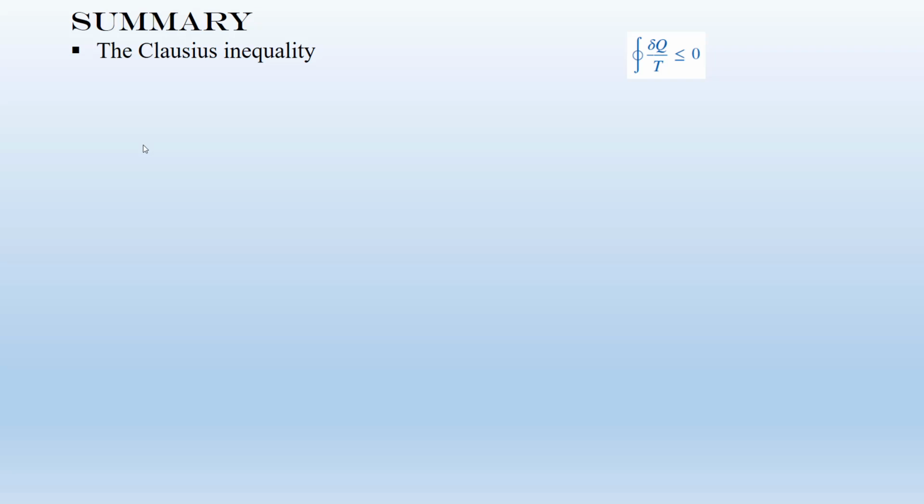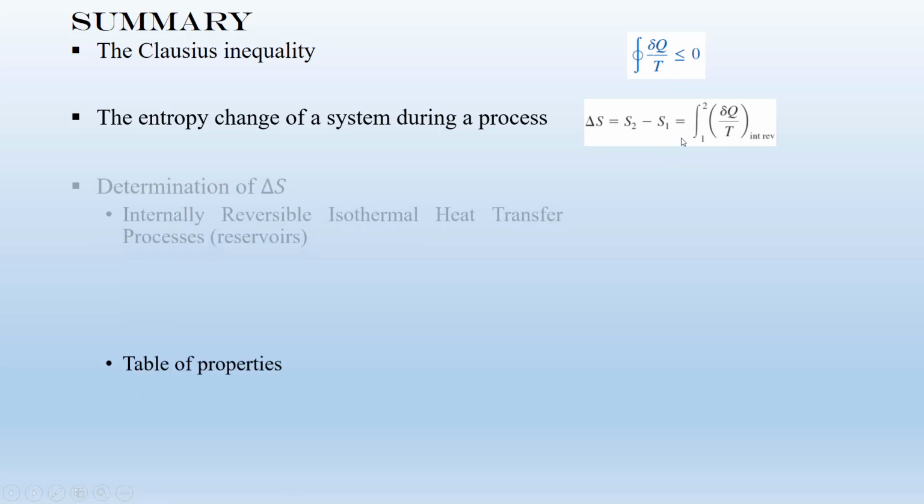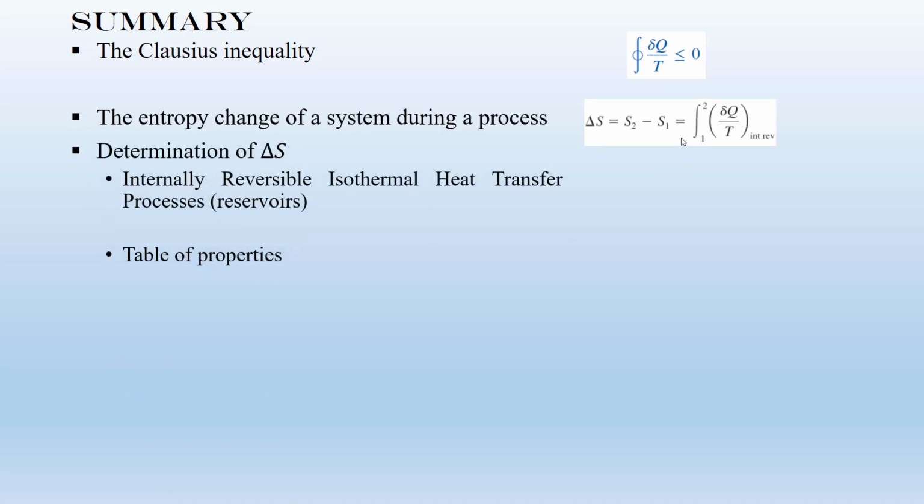We learned the Clausius inequality. Then you learned two different methods. You just saw that for the internally reversible process, you can write delta S equals this equation. And then if you have a relationship between delta Q and T, you can calculate the delta S for an internally reversible process by using this correlation.